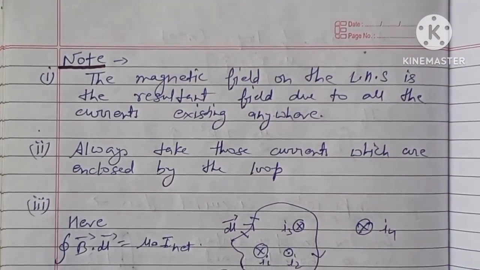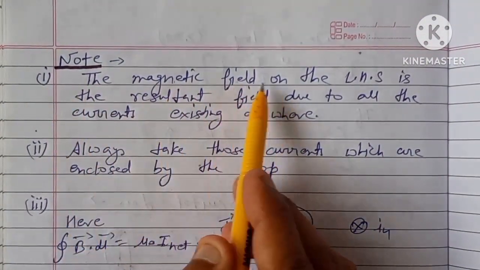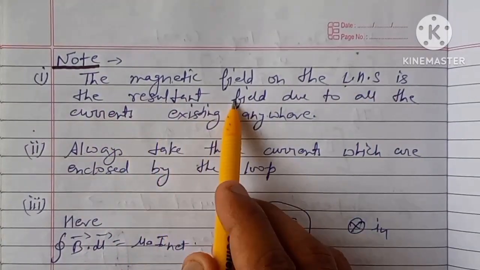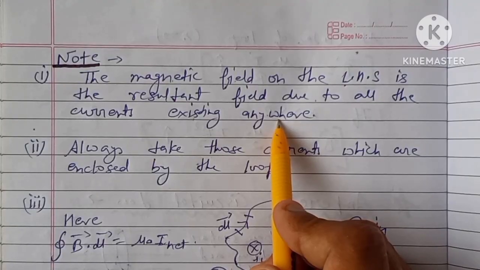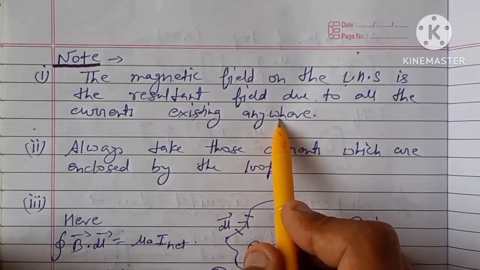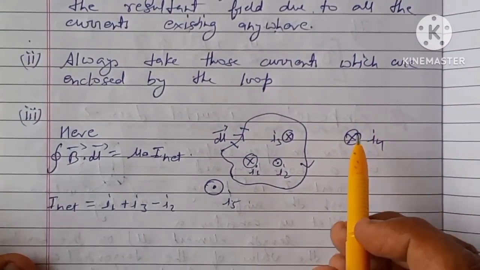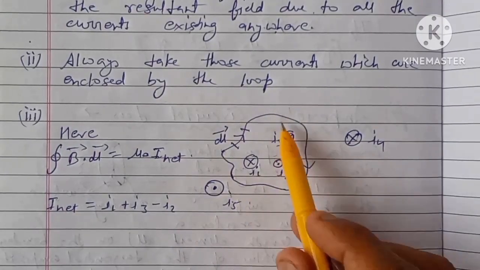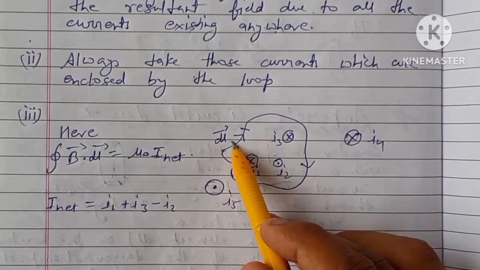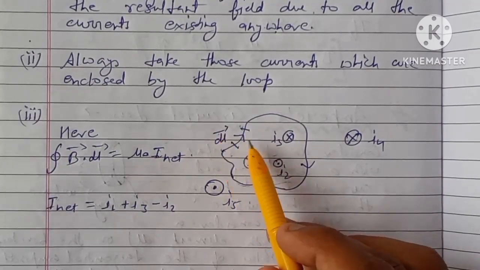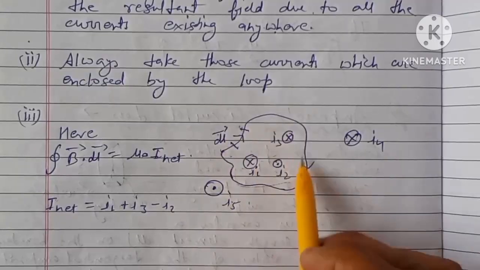I have written these points here. You can clearly see that the first point is that the magnetic field on the left hand side is the resultant field due to all the currents existing anywhere. In some cases, some of the currents are outside of the loop. Like here in this diagram, I have made a loop in which I have taken a small length vector, dl vector, in the clockwise direction.